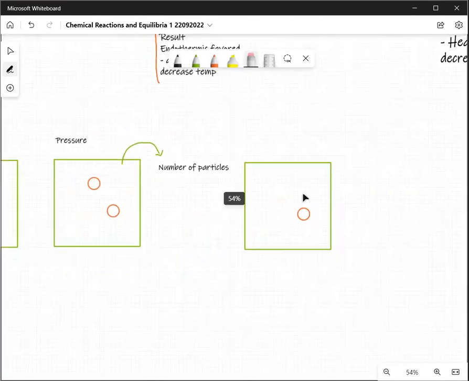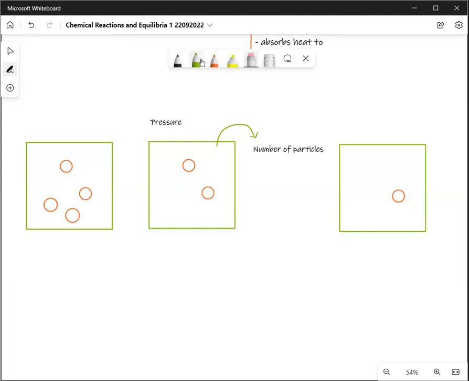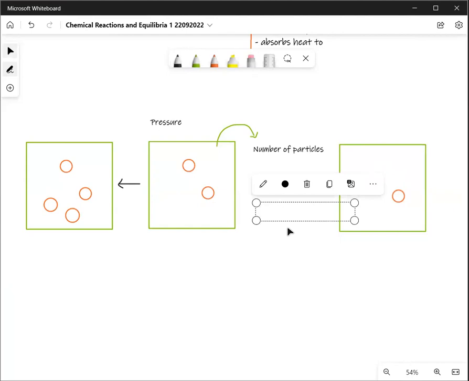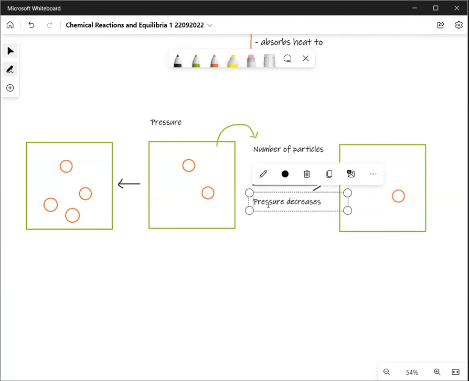How many do I have on the right? 1. So what happens is, if you decrease the number of particles, pressure decreases. Is that clear? So let's say number of particles decreases, pressure decreases. Make this diagram in your notebook.